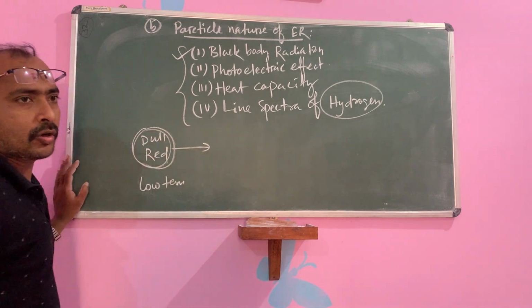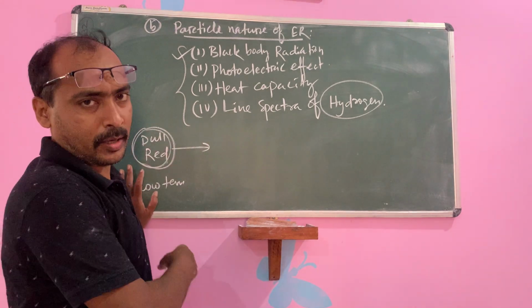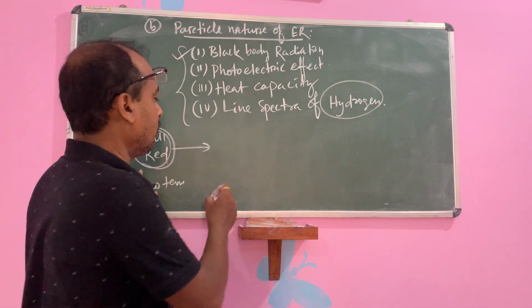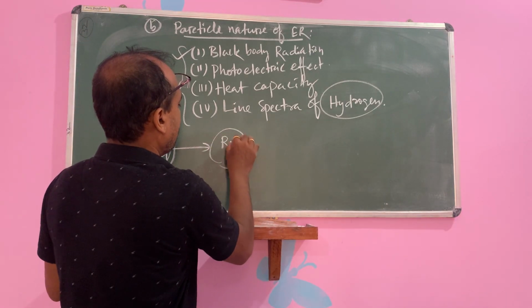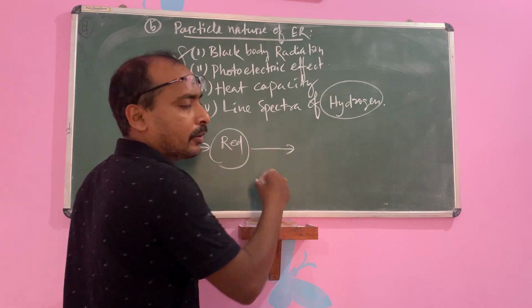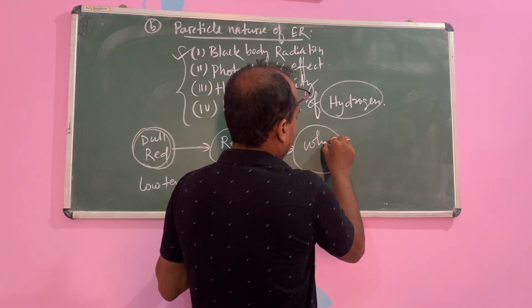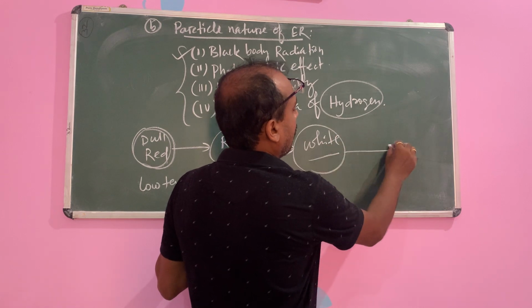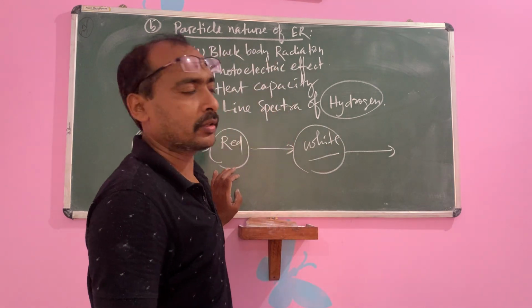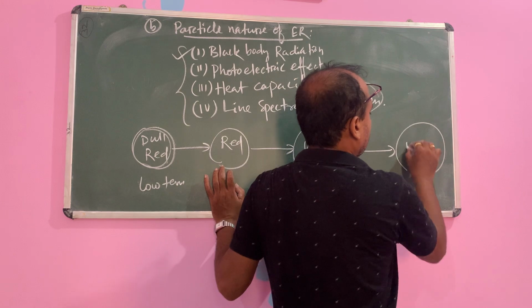After giving more temperature, it becomes bright red. Then giving more temperature, the body changes to white. Again increasing the temperature, at high temperature the body changes to blue.